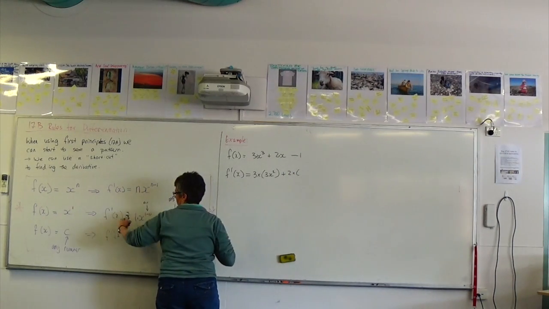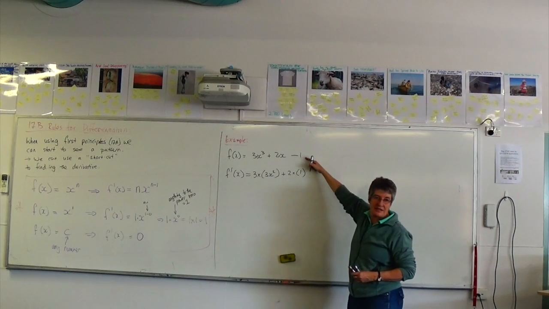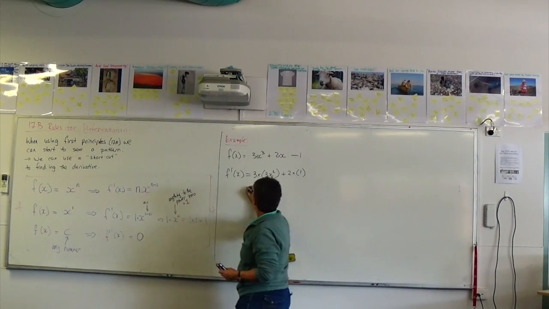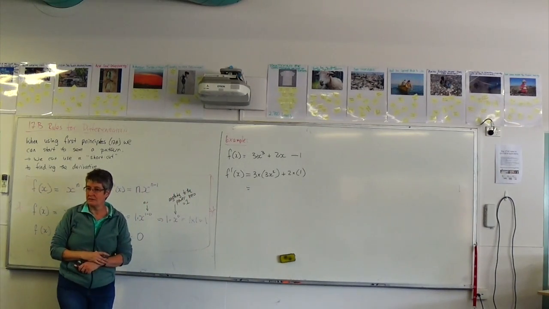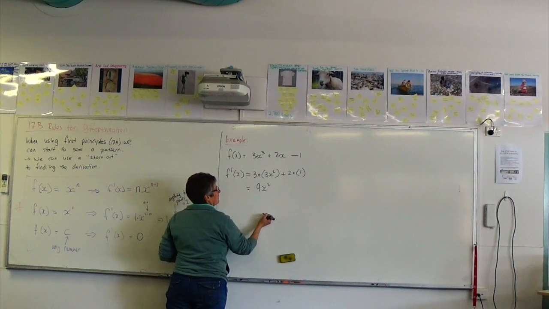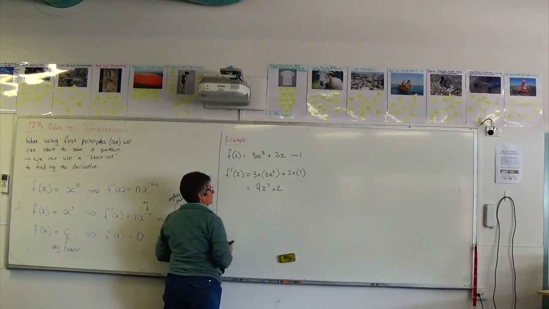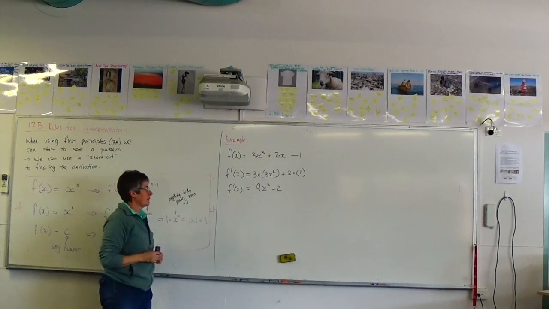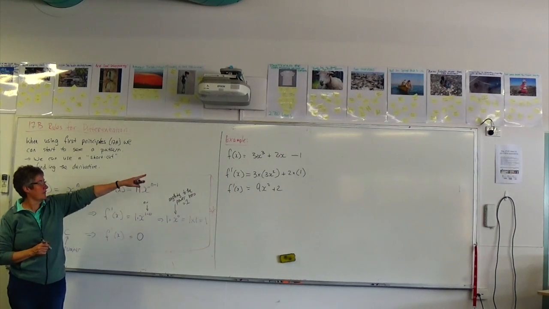We've got it over here. That equals 1. What happens to this number on the end? Disappears. So we get 3 times 3x squared, 9x squared. Plus 2. You're just zero. So that's our derivative of that function.